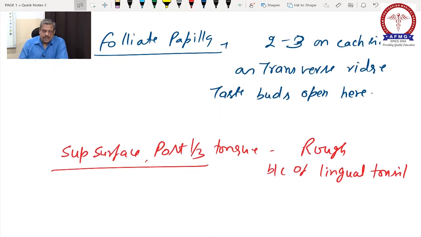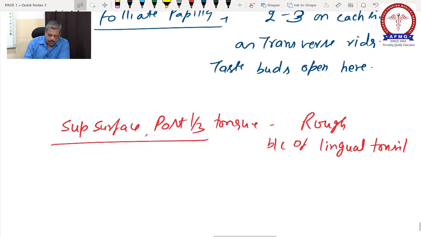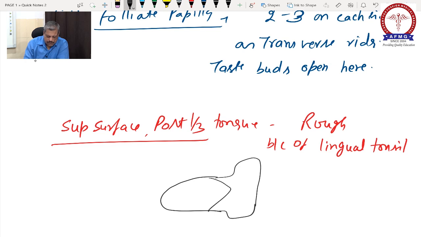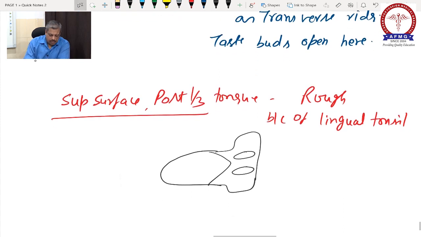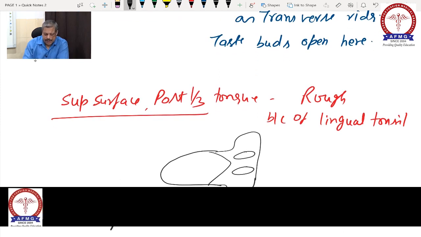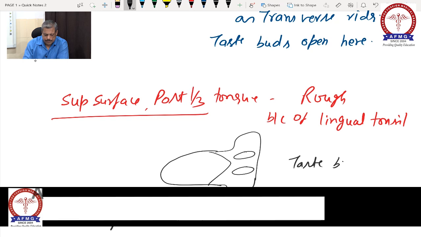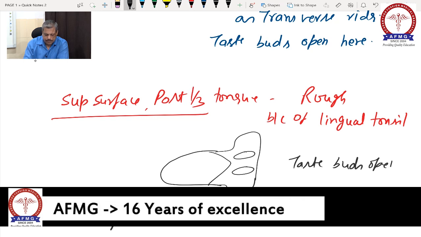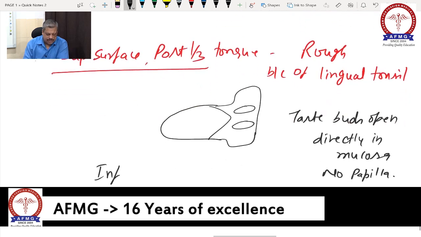So these lingual tonsils provide roughness to the posterior 1/3 of the tongue, and this is the collection of lymphoid tissue within the mucosa. This is the lingual tonsil present in the posterior part. Here the taste buds open directly into the mucosa. No papilla. Papillas are absent in the posterior 1/3, but taste buds are present.